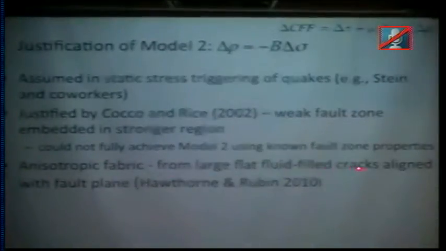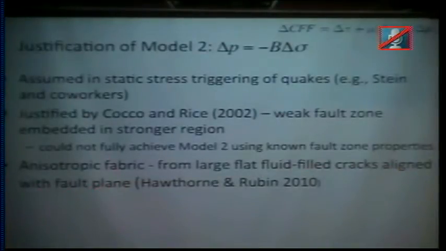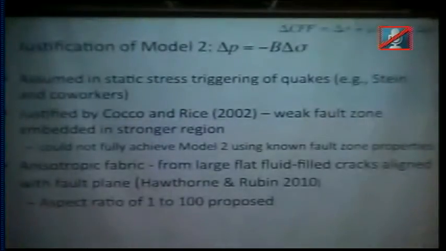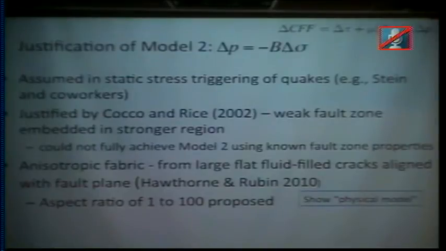One way to look at it is also a fabric of large, flat, fluid-filled cracks aligned with the fault plane. If there are really a lot of large, flat, fluid-filled cracks that have a very high aspect ratio, which Hawthorne and Rubin proposed, then you can achieve this. But it's a very extreme situation where the fault has no strength in the normal direction, and plenty of strength in the directions perpendicular to normal.